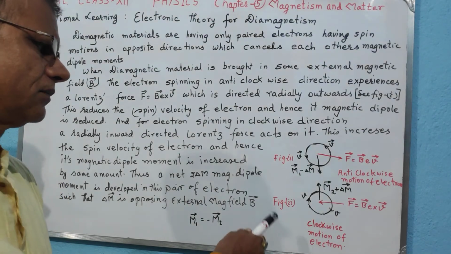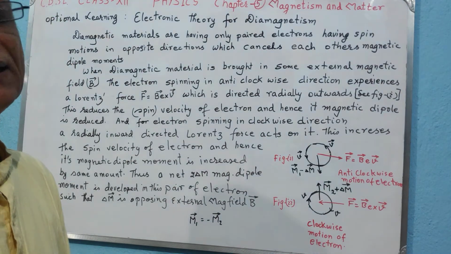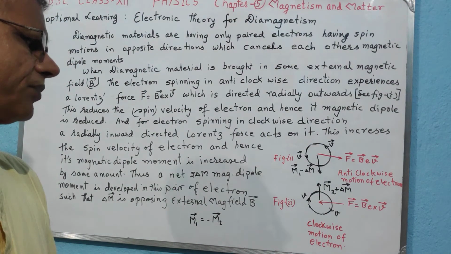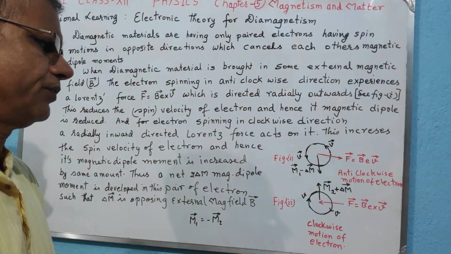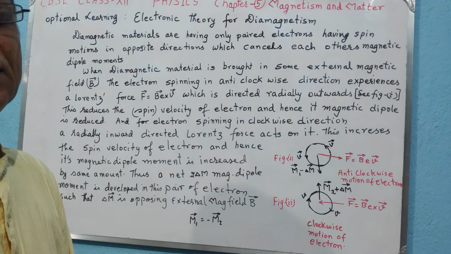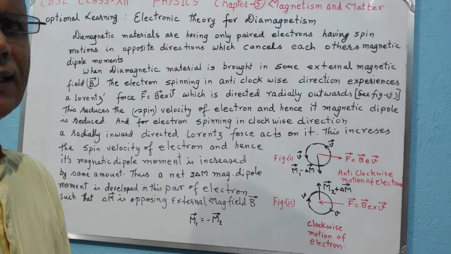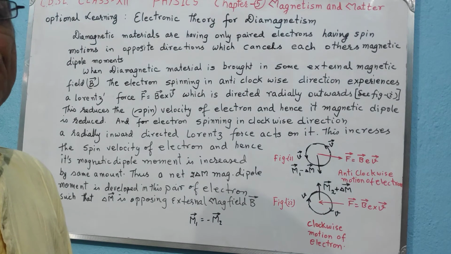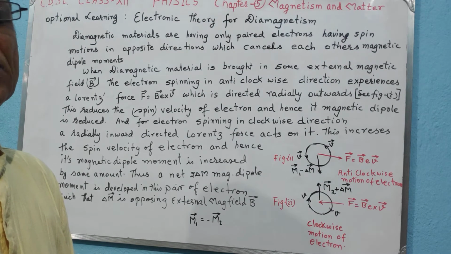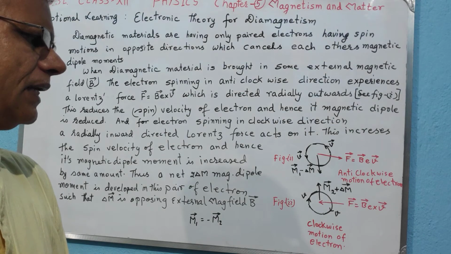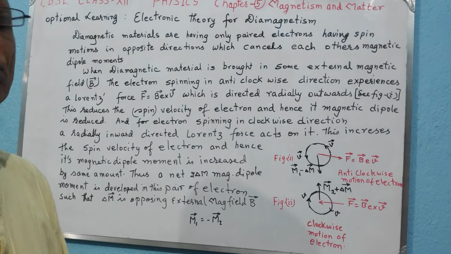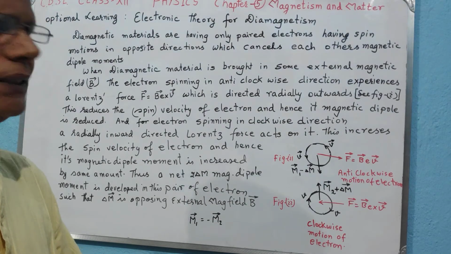But in the case of the electron having clockwise motion, the Lorentz force acting on this electron is radially inward. That means the centripetal force increases, which increases the spin velocity of the electron, and as a result the magnetic dipole moment produced due to it is increased.